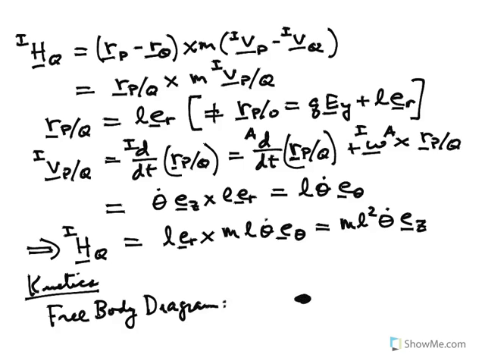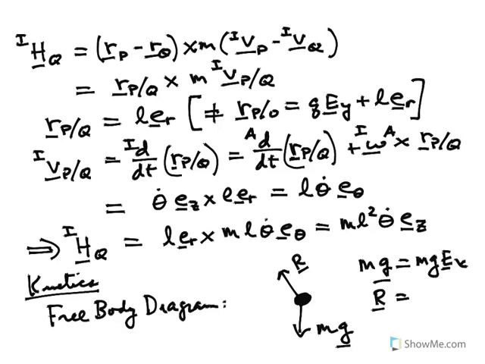We have our particle, with mg acting downward, which is mg Ex, and a reaction force R, which is R Er.